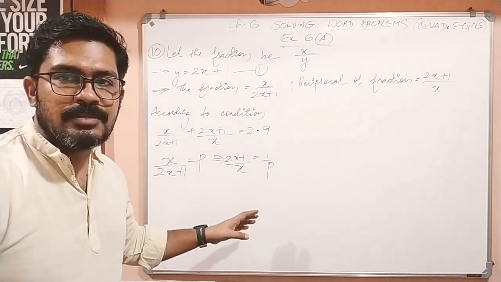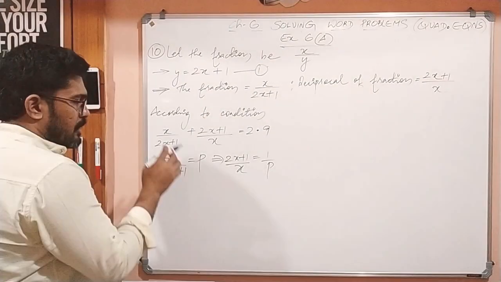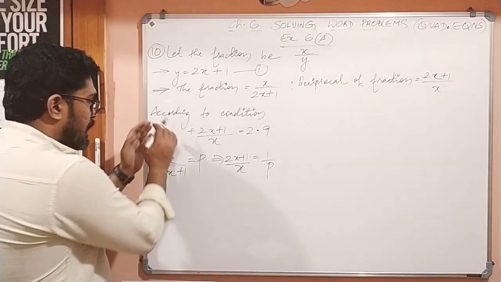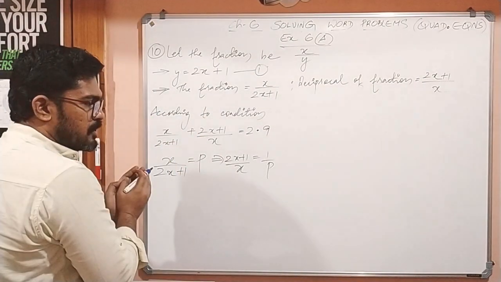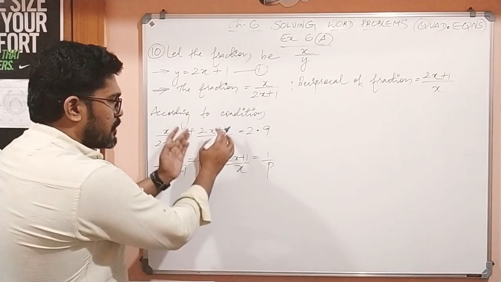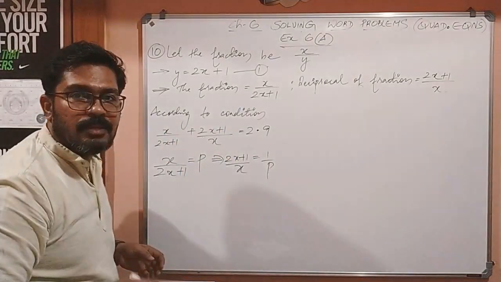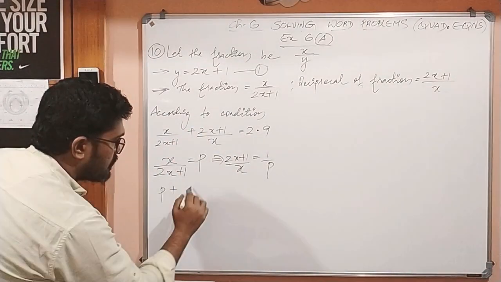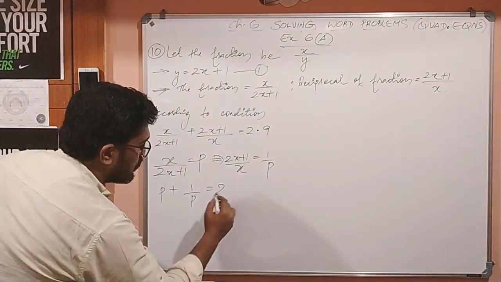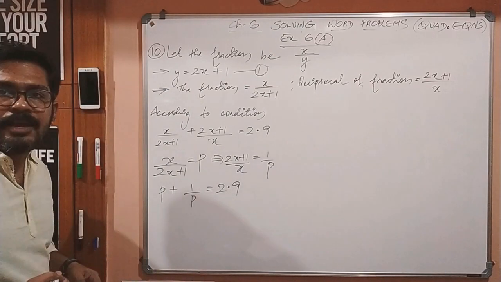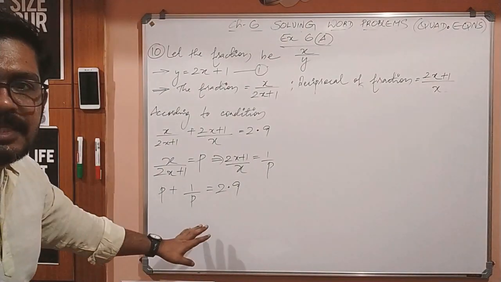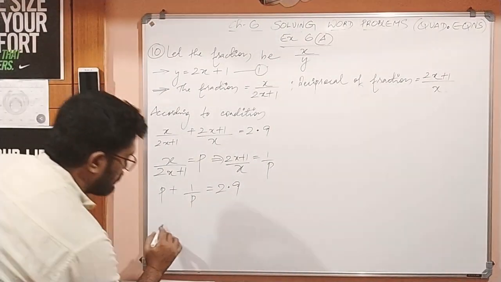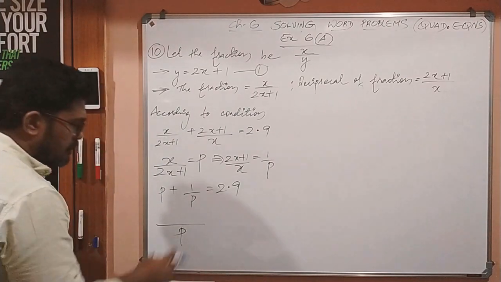Basic mathematics? Yes. So children, in the next step what I'll do is, I'll just replace this x upon 2x plus 1 with p and 2x plus 1 upon x with 1 upon p. So what will happen? This whole equation will become p plus 1 upon p is equal to 2.9. Now you apply LCM method here. What is the LCM here children? It's p.